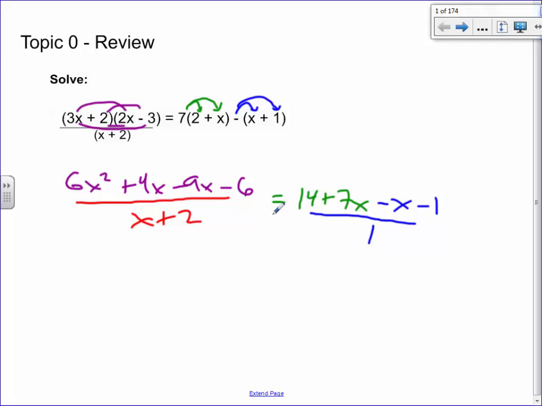So let's put together stuff that can go together. Over here, we could have 6x squared minus 5x minus 6, still over x plus 2. And then over here, you're going to have 6x and 13.